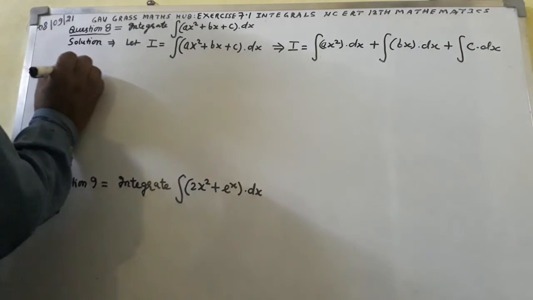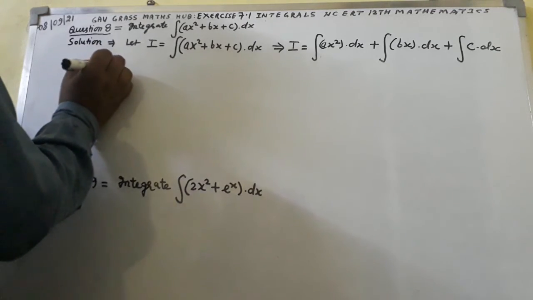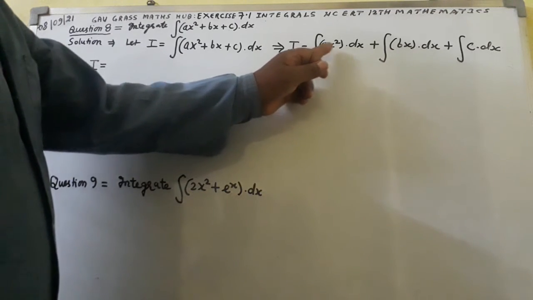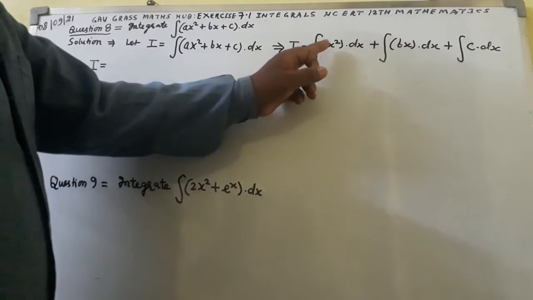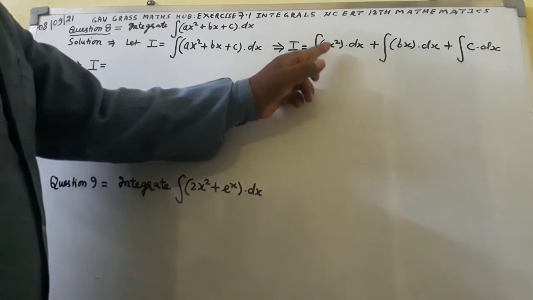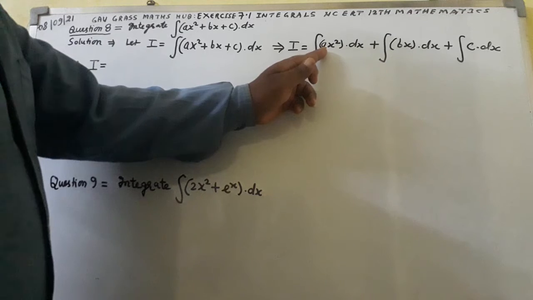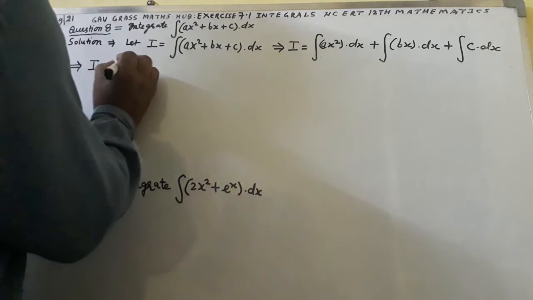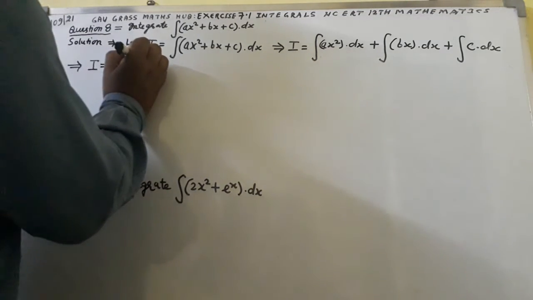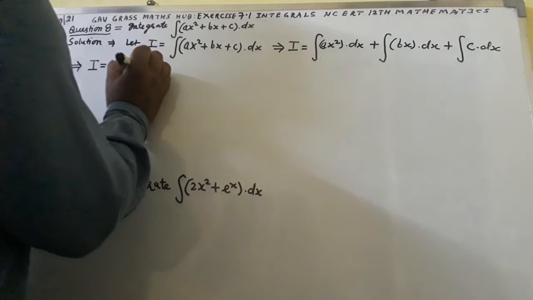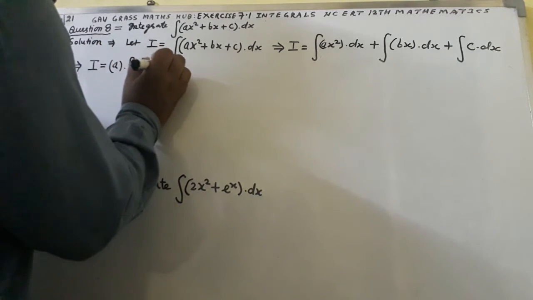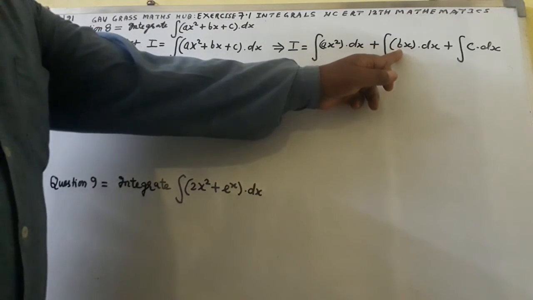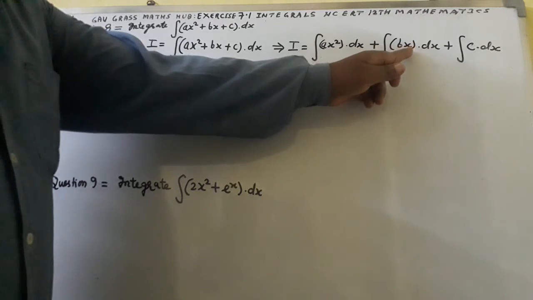Again I shall write, implied that I equal to integral ax square dx. Here a is a constant multiplied to x square, so here a will be popped out: a dot integral x square dx, plus here b is a constant multiplied to x.